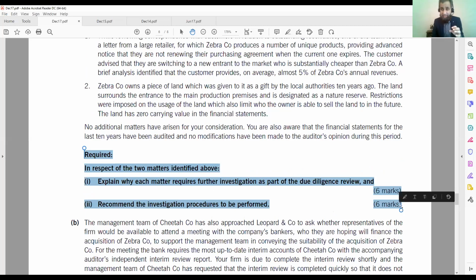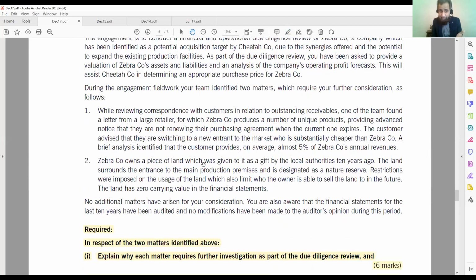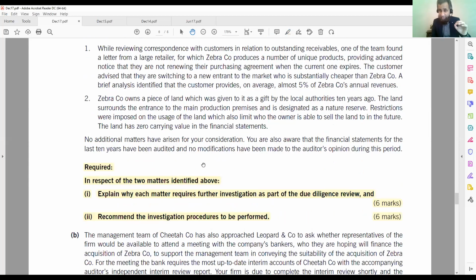Read the requirements, at least for 3-4 minutes. If you understand the requirement, 50% of the answer is done. But if you don't understand the requirement, the case study above is useless. How important is it to understand the requirement? How important?